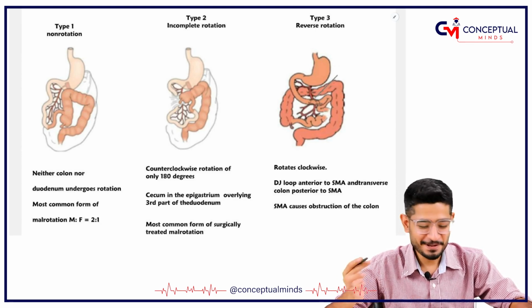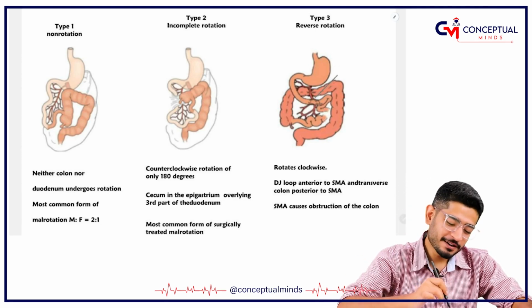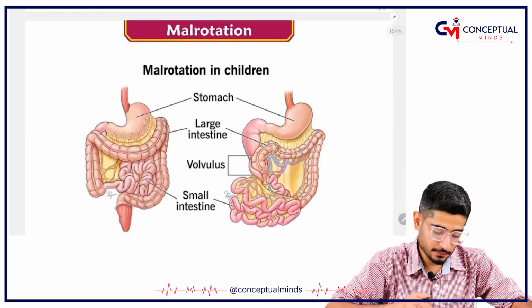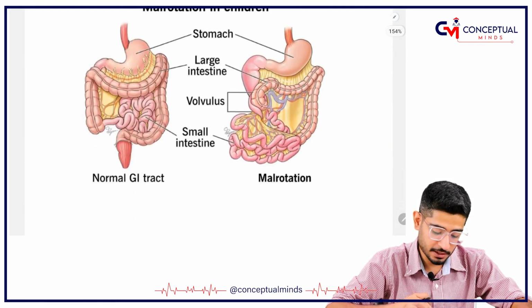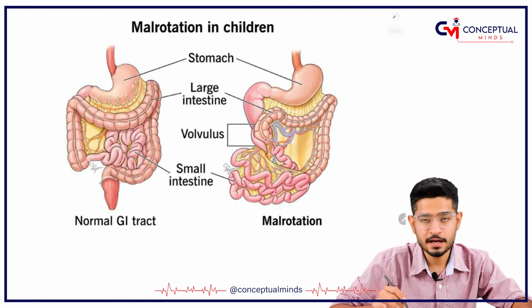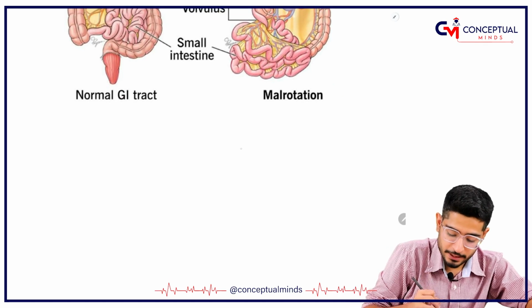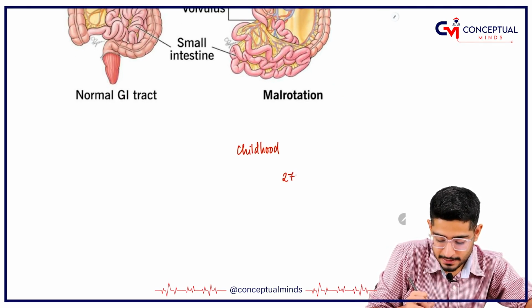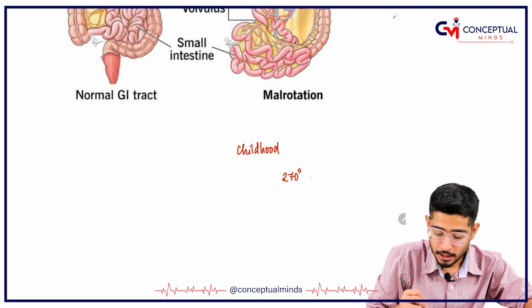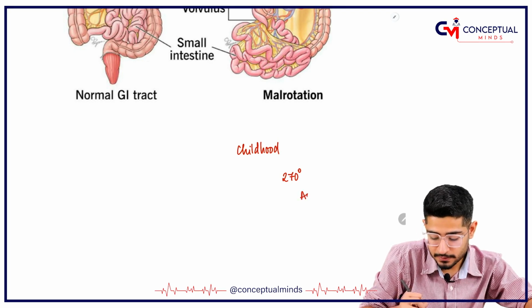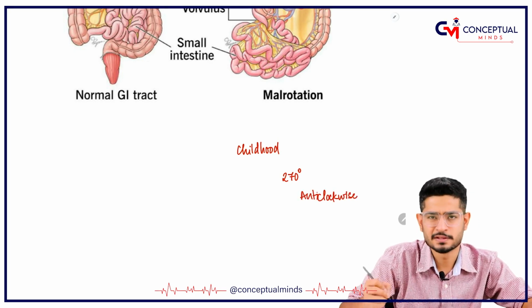So coming back to the topic, malrotation. Now malrotation means abnormal rotation. Why rotation? What is this rotation, and why is this rotation actually required? I hope you are well aware that during childhood there is a 270 degree anti-clockwise rotation that occurs in order to have the organs in position.